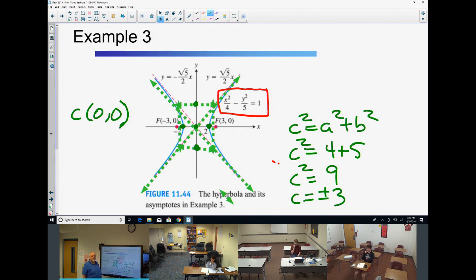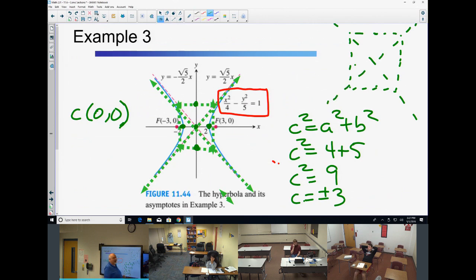Now, if we were doing an ellipse, so if we just had this be a plus, then we would just connect those 4 dots and be done with our ellipse. But with a hyperbola, you take the 4 dots, and instead of making an ellipse out of them, you make a box that contains those 4 points. And then you do the diagonals of the box. That's all this dotted line mess.